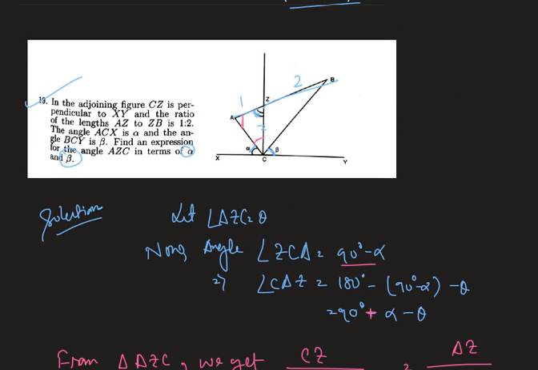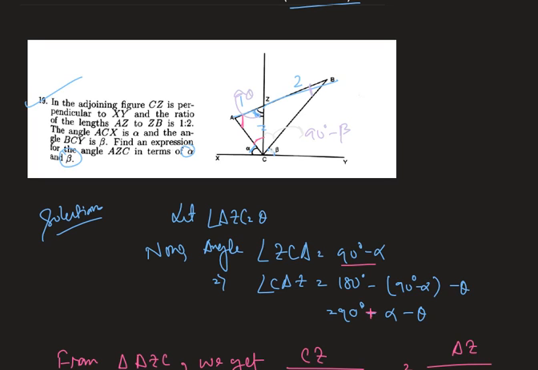As we can see, by the question, angle BCY is beta, therefore angle ZCB is 90 degrees minus beta, and angle CBZ will be 180 degrees minus 180 degrees minus theta.